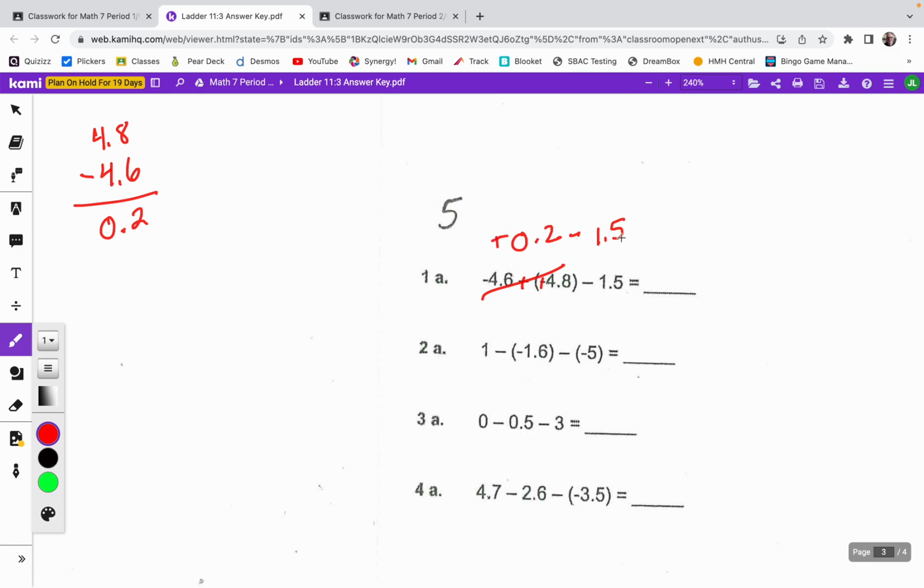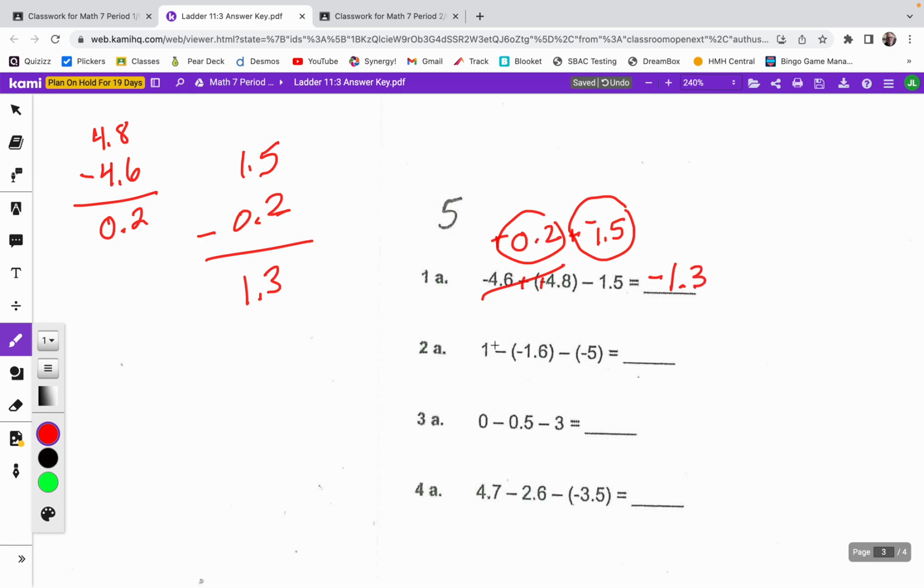This is positive. This one's negative. I'm going to find the difference. Okay, 1.5 minus 0.2 is 1.3. There's more negative than positive. This is more than this. That means this is negative 1.3.